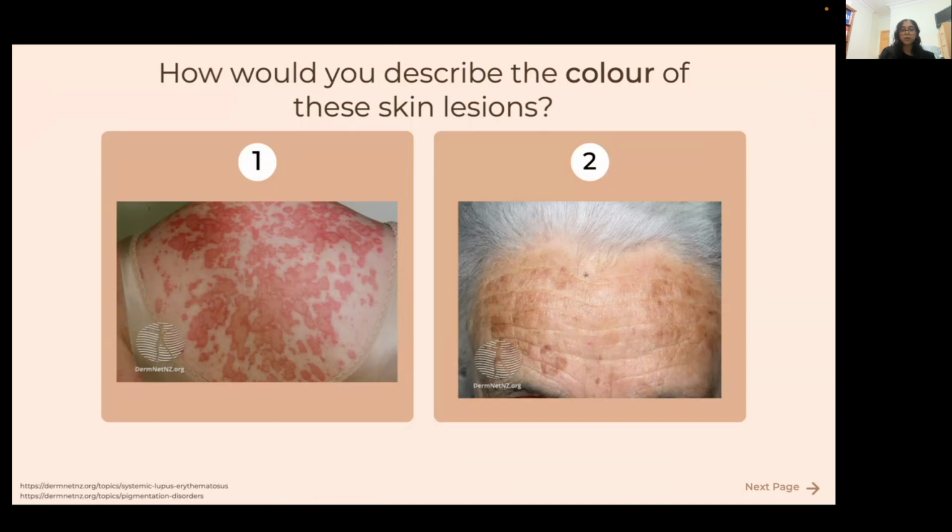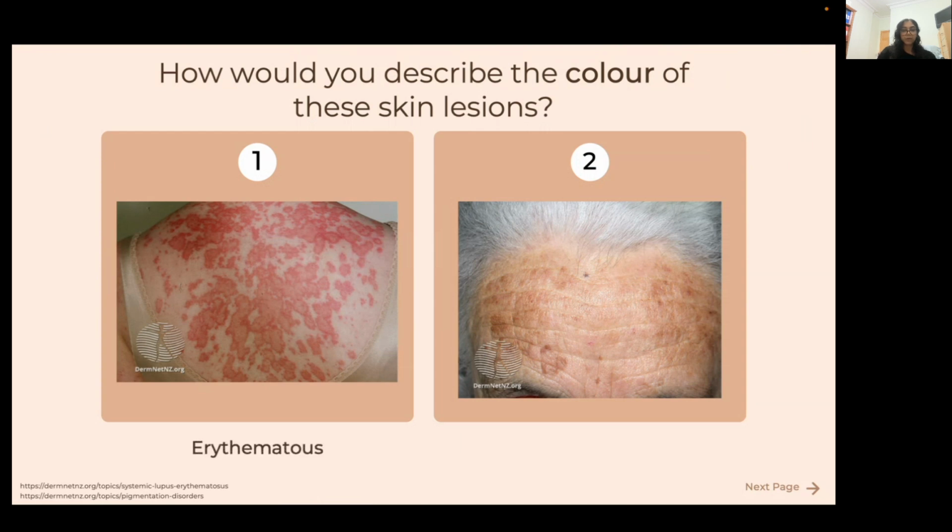So just thinking about the words that we just spoke about, how would you describe each of these, the color of these lesions? So we have one erythematous, two hyperpigmented.